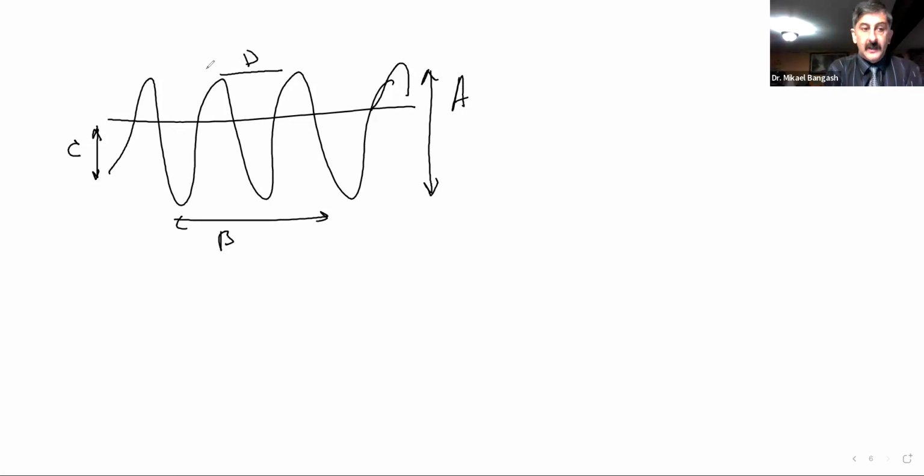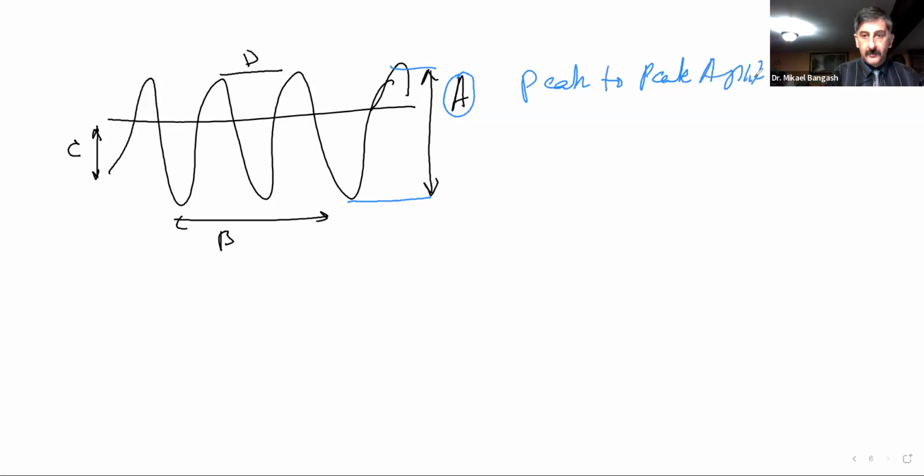Now question number 6 asks what does the letter A represent? The answers are amplitude, period, frequency, wavelength, and peak-to-peak amplitude. And A, guys, is going to represent the peak-to-peak amplitude.